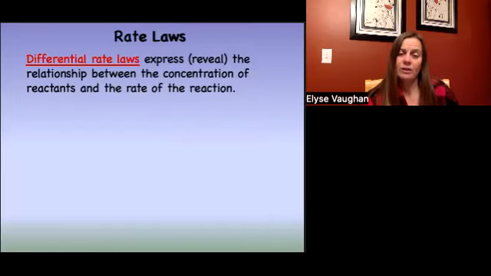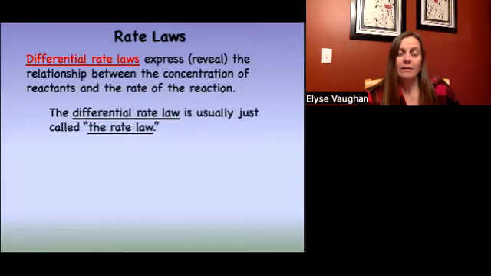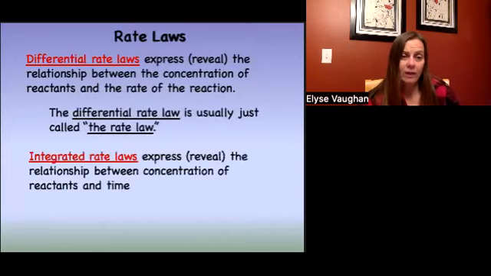So this is a relationship between concentration and rate. And this is the one we usually just call a rate law. An integrated rate law expresses the relationship between the concentration of reactants and time. Okay, so there are two different rate laws. They give us the same information, but they give it to us in very different formats.